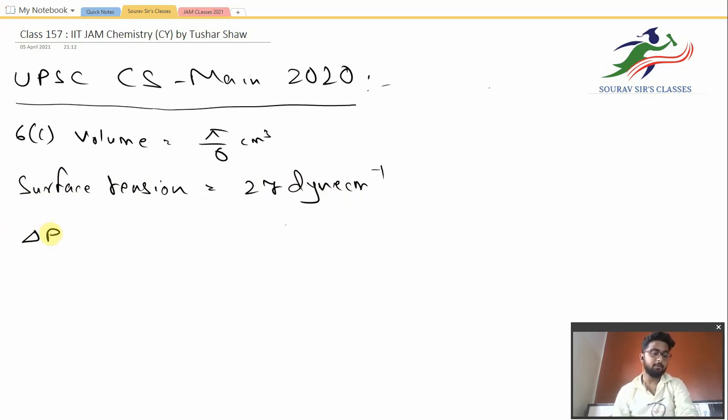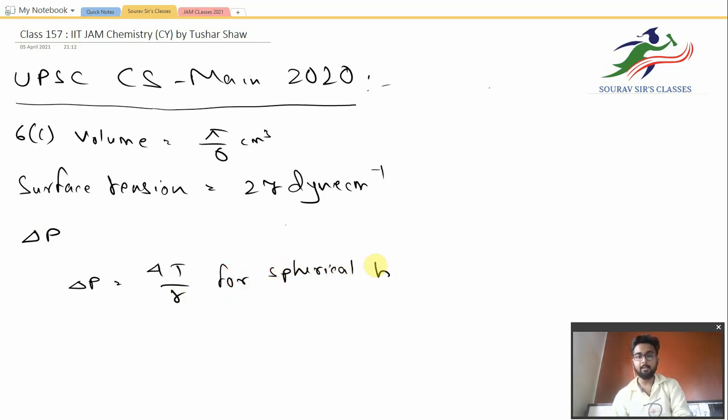The formula for excess pressure is given as delta P is equal to 4T by R for a spherical bubble. Here T is the surface tension, which is 27 dyne per centimeter, and R is the radius of the bubble.